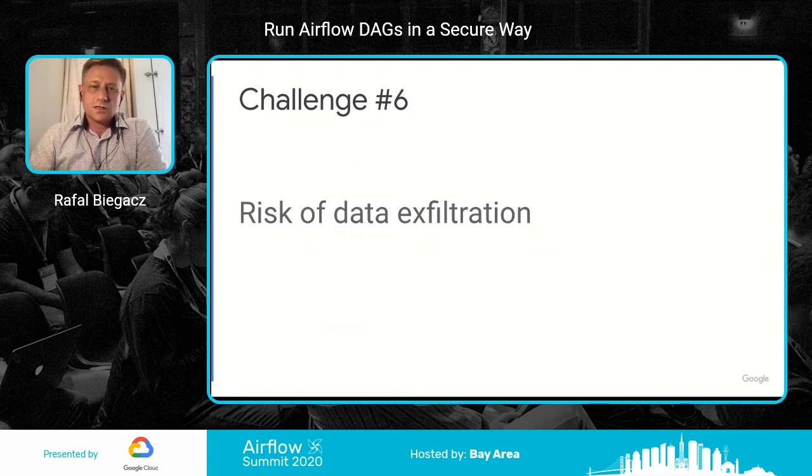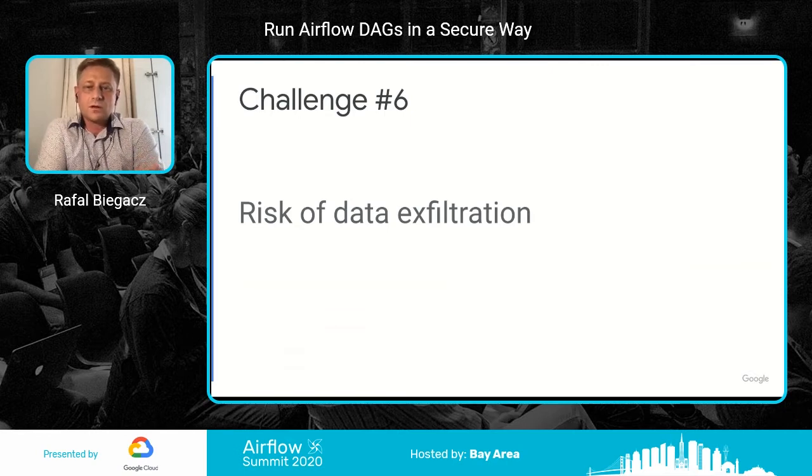So the next challenge that is related to Airflow is the risk of data exfiltration. All the DAGs and tasks that we are programming and executing operate on data. Within your DAGs, you are implementing ETL pipelines, machine learning pipelines where you basically retrain your machine learning models, and you generate reports.